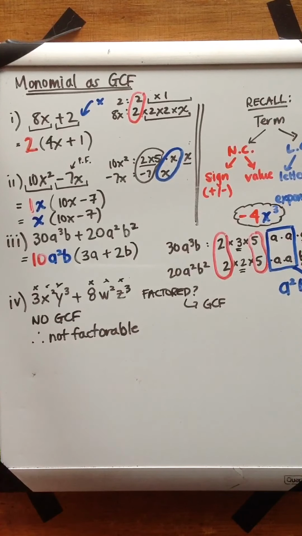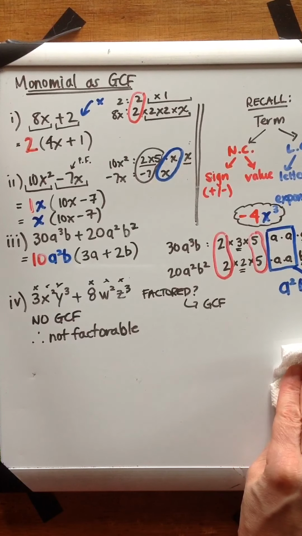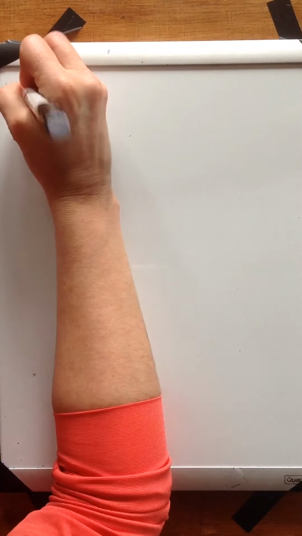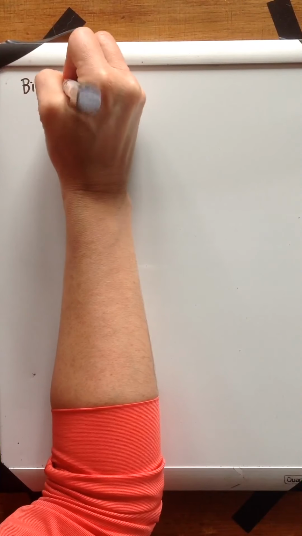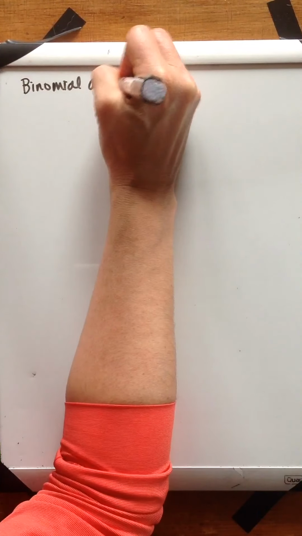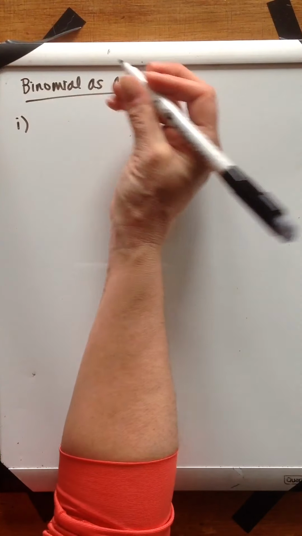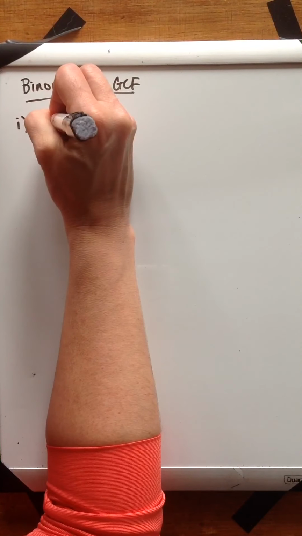Okay, let's see what happens if the GCF for some terms is not actually a monomial, but it is a binomial instead. I'm going to put 2 examples up to start, and then I'll add the third one after we've completed these.